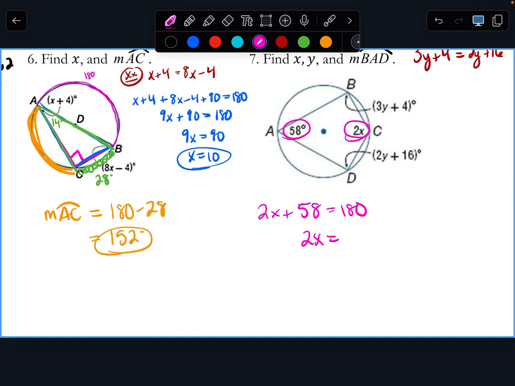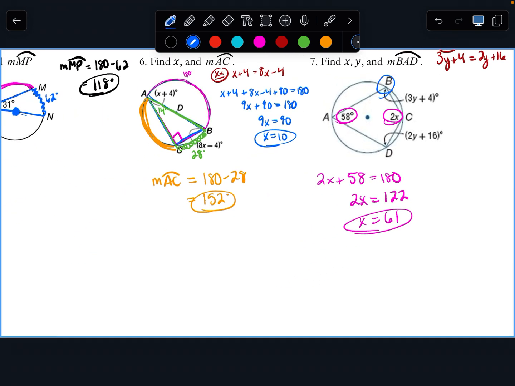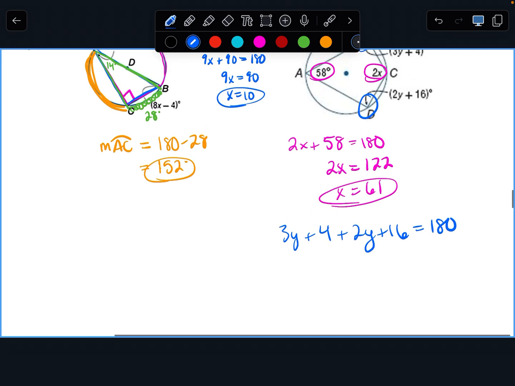So I'm going to subtract, divide, so we get x. And then for y, it's the same thing. Those two are supplementary, not equal. So you're going to add them up to 180 and then solve.